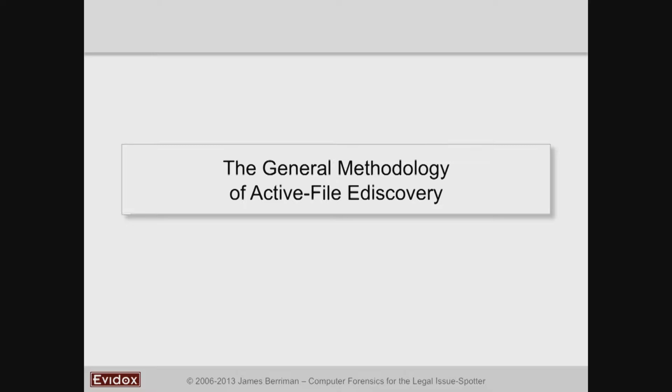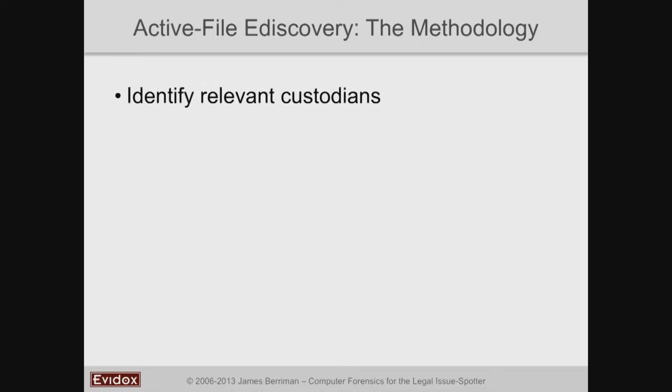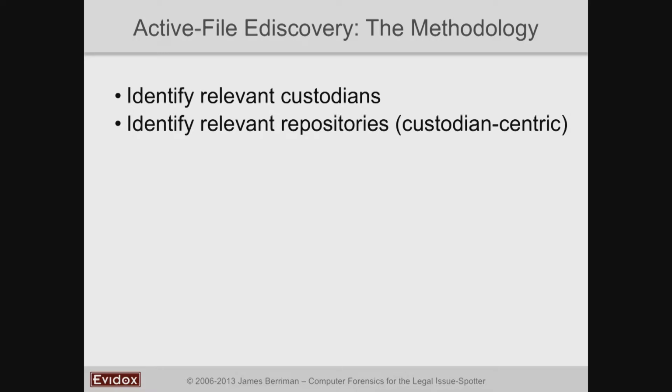The general methodology of active file eDiscovery, we've all been here before, right? There are certain repositories on the mail server, the file servers, the local workstations. We identify them primarily based on custodial identification. You know, the particular email accounts, particular folders on the file server, particular files on the workstation, etc. And what we do is we identify the relevant custodians, because electronic documents tend to be stored according to custodial accounts. We identify the relevant repositories, such as the mailboxes, the folders, the databases.